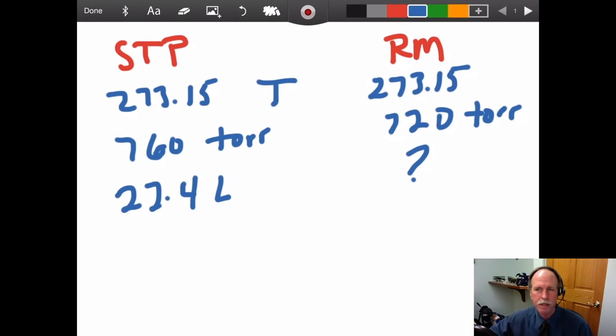So we're going to start off right here. First, we're going to write down what is standard temperature, pressure, and volume for 1 mole of gas. Well, it's 273.15 degrees Kelvin. It's 760 millimeters of mercury, or 760 torr, that's 1 atmosphere. And it's 22.4 liters, which is the volume that 1 mole of gas would occupy at standard temperature and pressure.